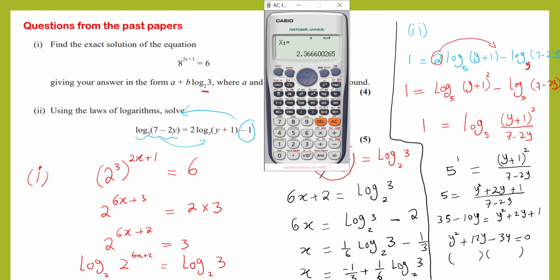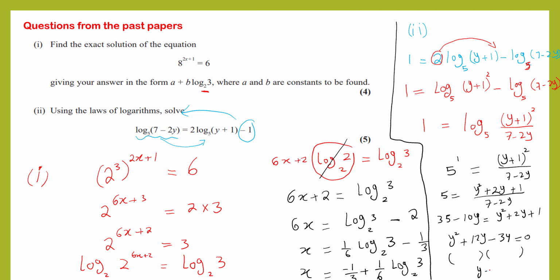So y is 2.36 and negative 14. Negative 14 will not be accepted, so it will be y equals 2.34 approximately.